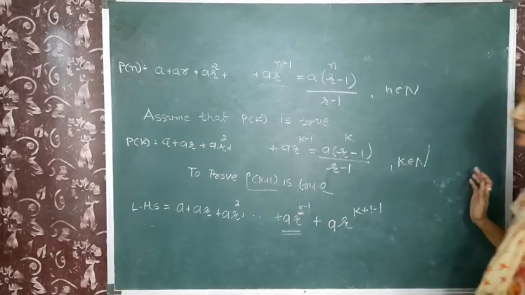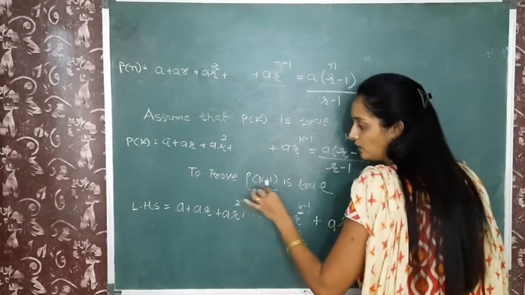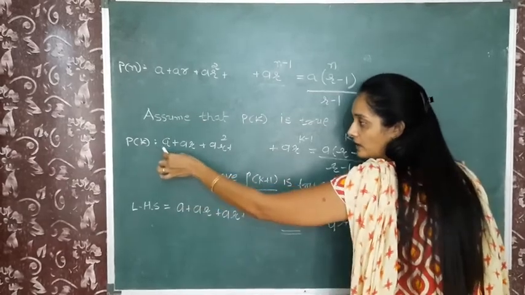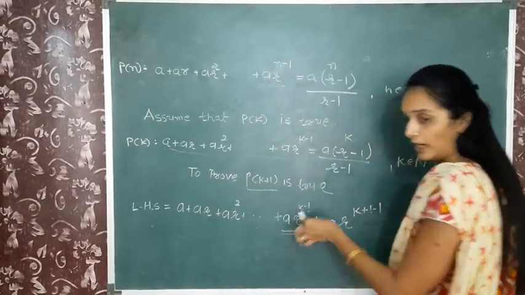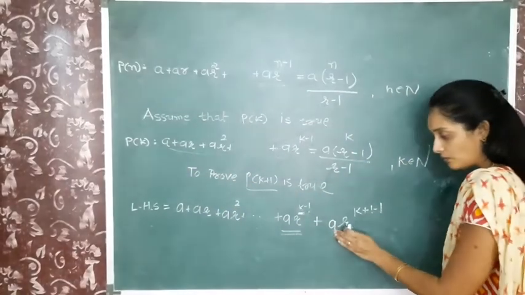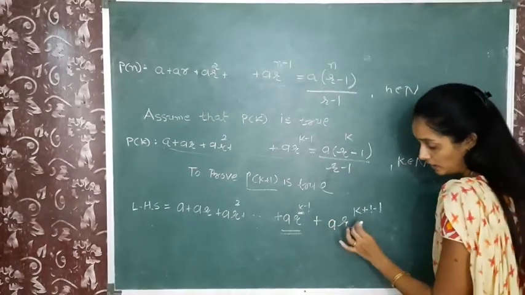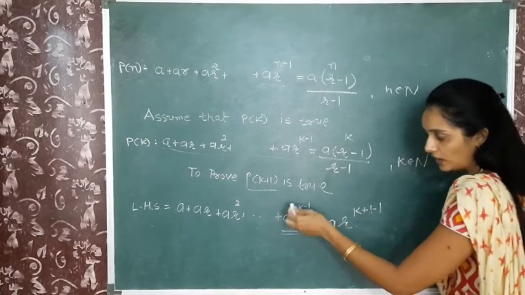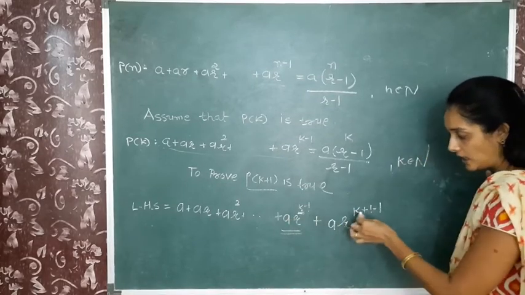Okay, again repeat. For the left hand side of P(k) we write down the left hand side of P(k), and then one step more. In this step we write k plus 1 instead of k. That means replace k with k plus 1.